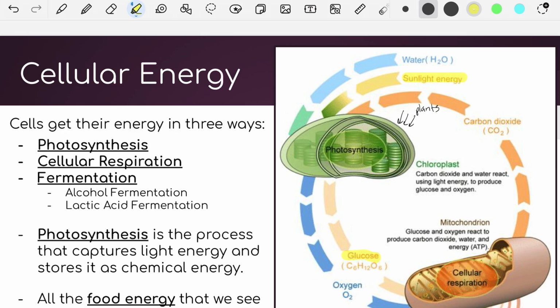But there's a group of organisms called heterotrophs that can't absorb sunlight, like humans and dogs and cats and mushrooms and other things that aren't plants. Those things need to get their energy from mitochondria, which do cellular respiration. Okay, so they need to use these sugars and create their ATP from that.